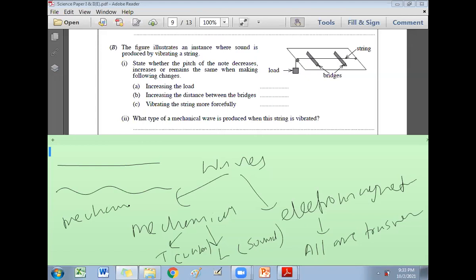Mechanical transverse. But sound traveling in the air is longitudinal, that is mechanical longitudinal. So again: water wave, mechanical transverse. Medium is necessary, that is why it is called mechanical. Sound waves are mechanical longitudinal.